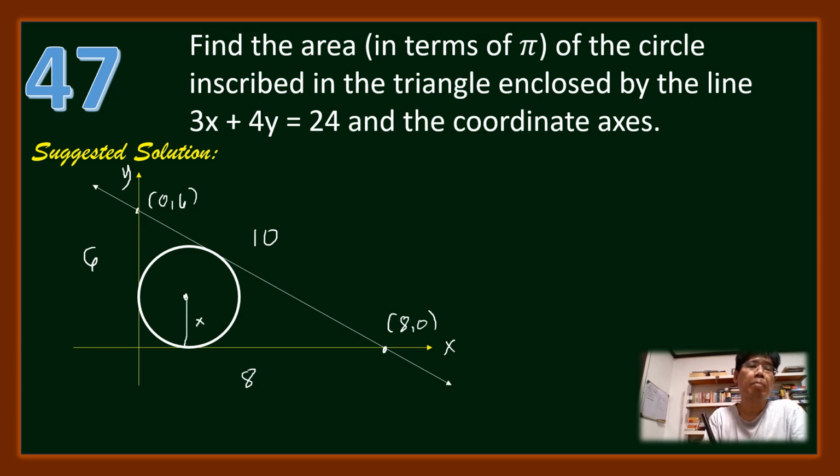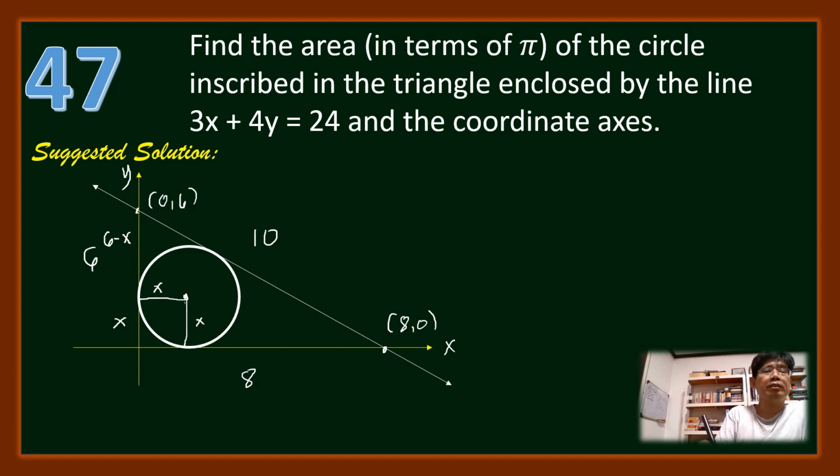So we have from the center, perpendicular to the x-axis, that will be the radius. Also, from the center, perpendicular to the y-axis, that will also be x. So if this length is x, from the y-intercept of the line to the point of tangency, this is 6 minus x.